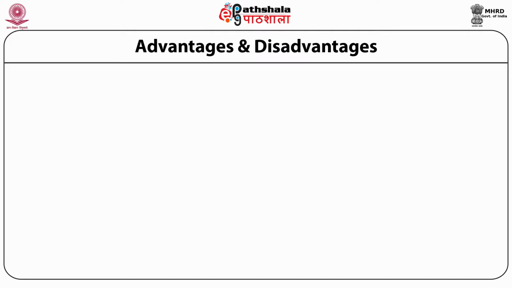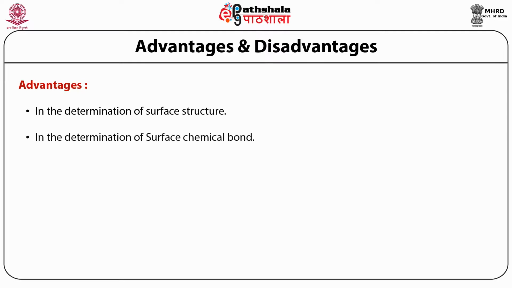The advantages and disadvantages of LEED have been listed, and these can be studied in detail also. In the determination of surface structures, it is very useful. And second, in the determination of surface chemical bonds, it finds very good applications, as they can be very accurately measured when the surface chemical part is considered.